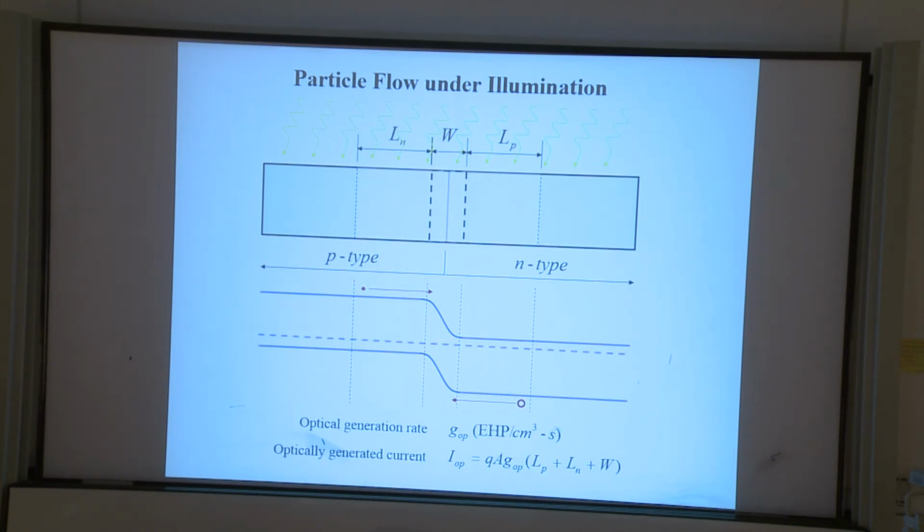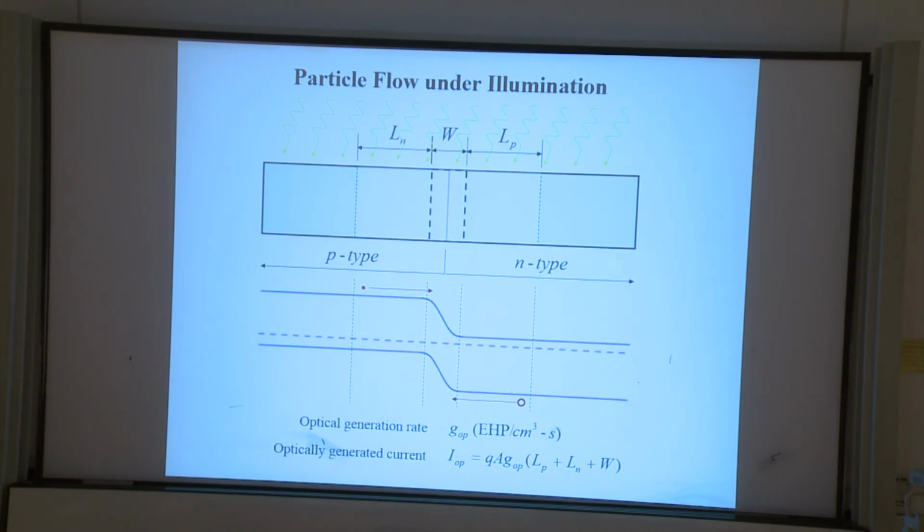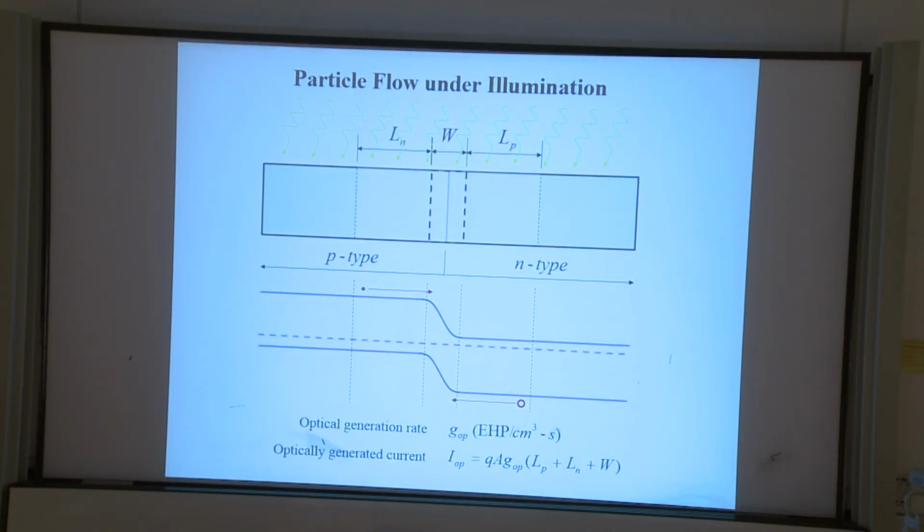Now, this is the condition when the PN junction is illuminated, but not biased. The left-hand side is the P-type, the right-hand side is the N-type, all right? You are illuminated by the light.